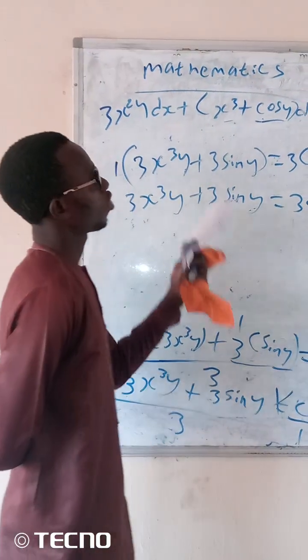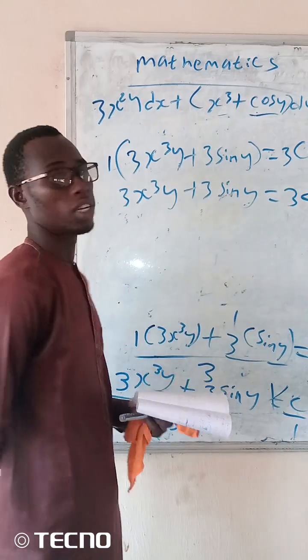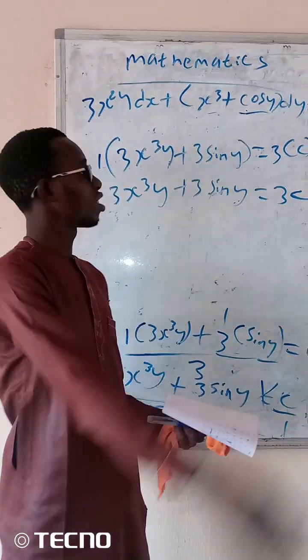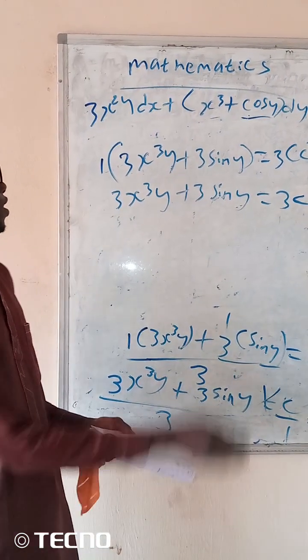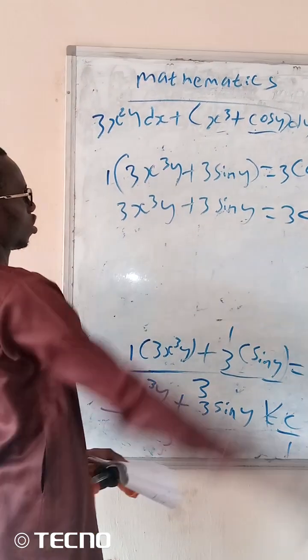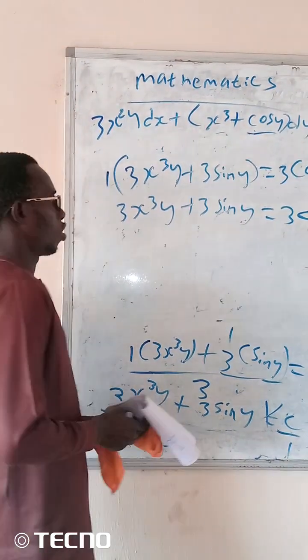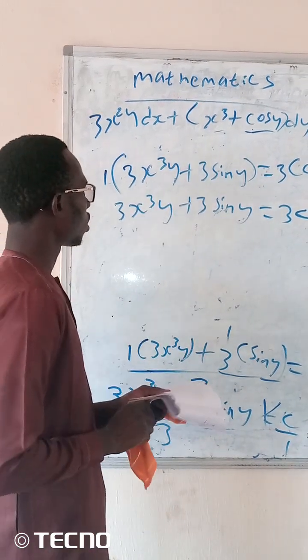So we have successfully solved this question using exact equation. We have tested that this equation is an exact equation, and we have proceeded to simplify it further. But there's something common that can go into this whole equation. You can divide both sides by 3 so that you reduce it further.